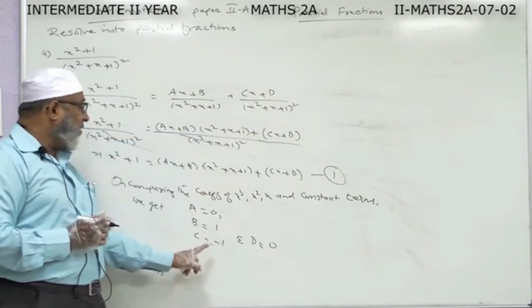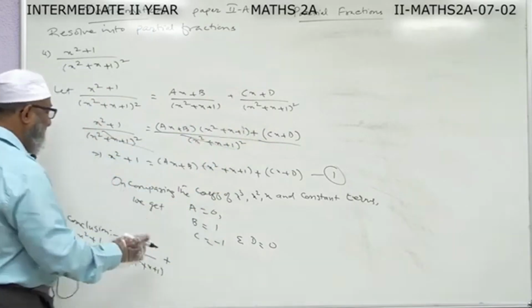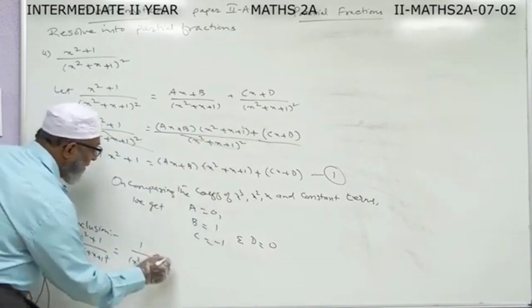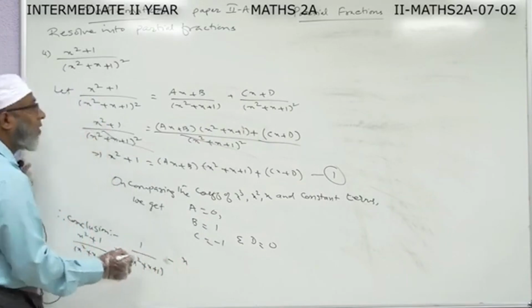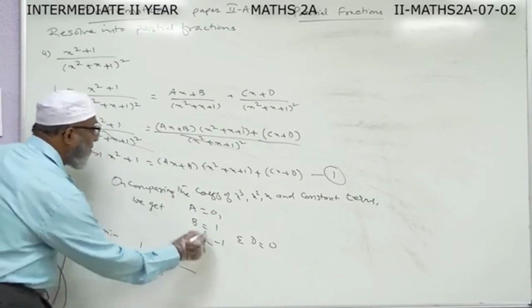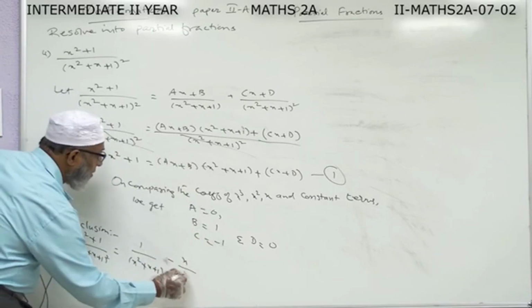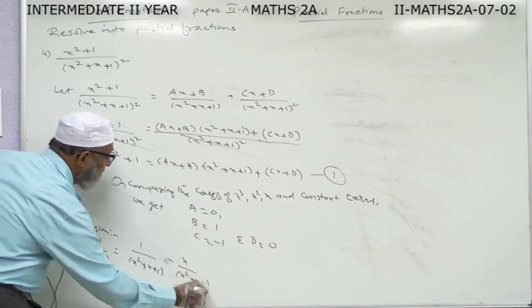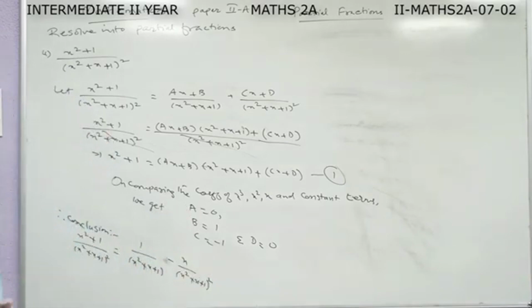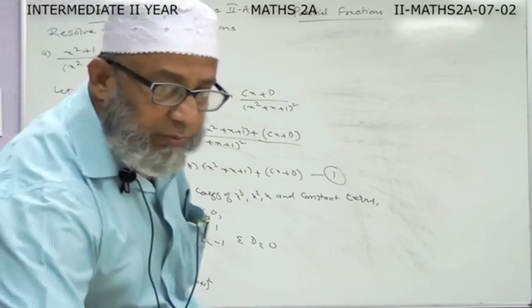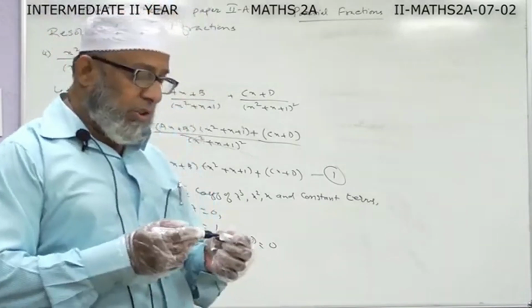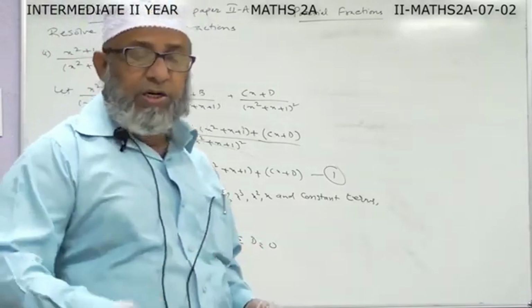What is c? Minus 1. Minus 1 into x is minus x. So this becomes minus x divided by x square plus x plus 1 whole square. So this is my final answer. Is it clear? So this is the question belonging to case number 4.